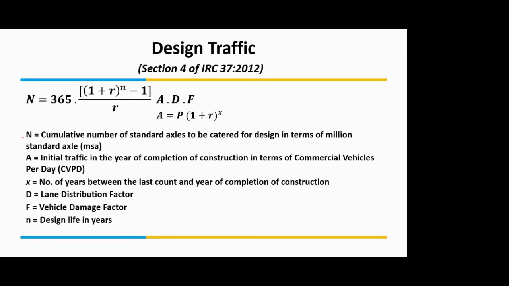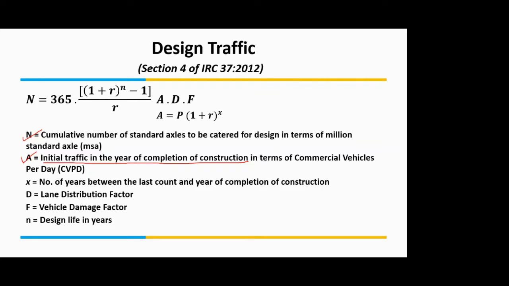We had discussed what capital N is, what capital A is. And what was left, I think, is that I had told you we need to find out the traffic which is there after the completion of construction. But somehow we only have the traffic count from before starting the project, or even before starting the design phase.